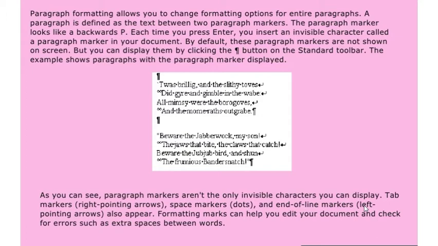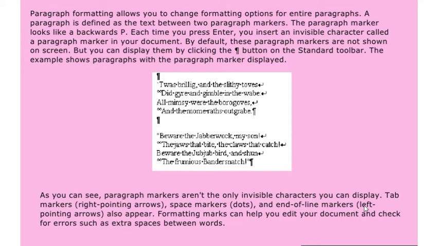By default, these paragraph markers are not shown on screen, but you can display them by clicking on this symbol, the backward P button on the standard toolbar. The example shows a paragraph with a paragraph marker displayed. As you can see, paragraph markers are not the only invisible character you can display.